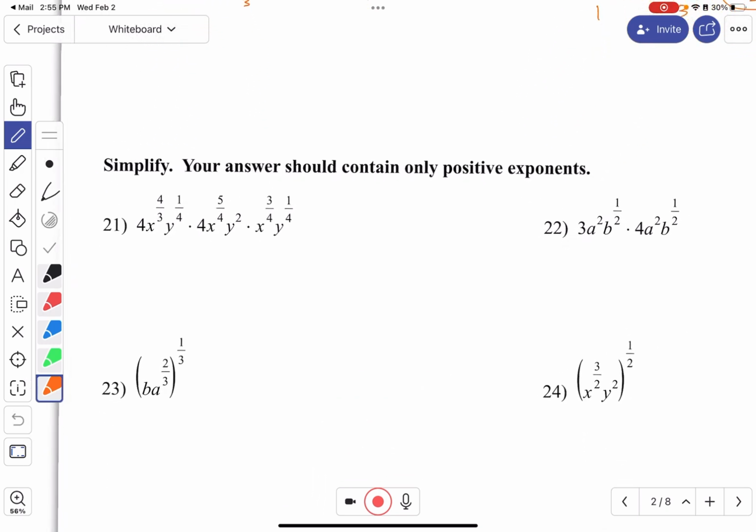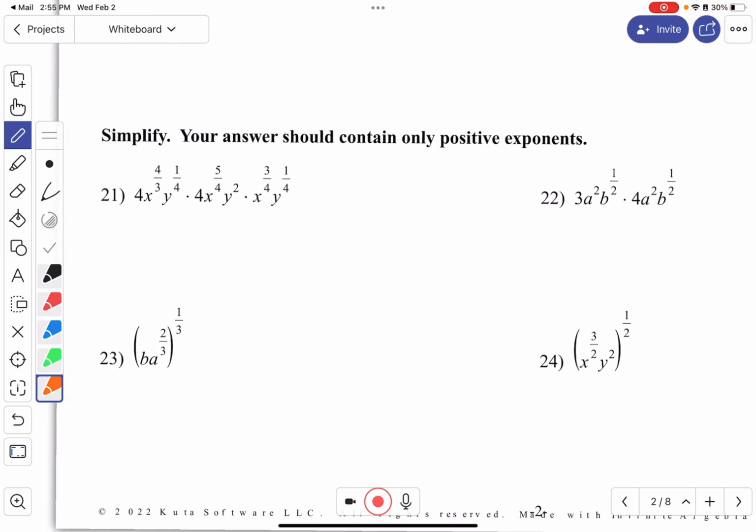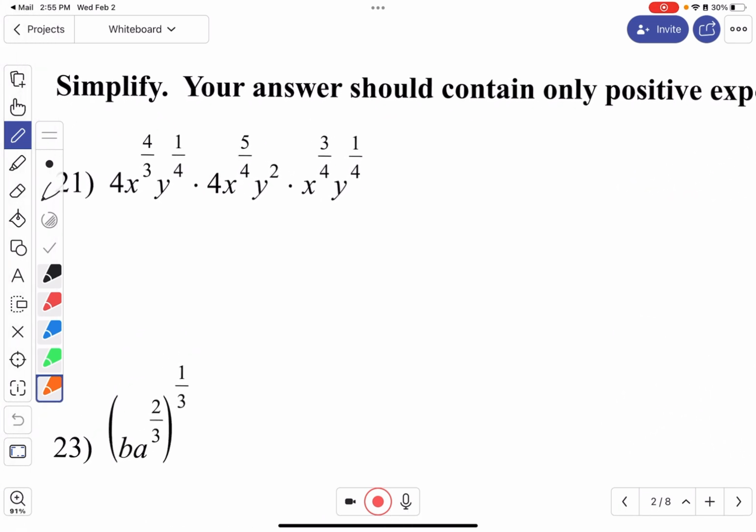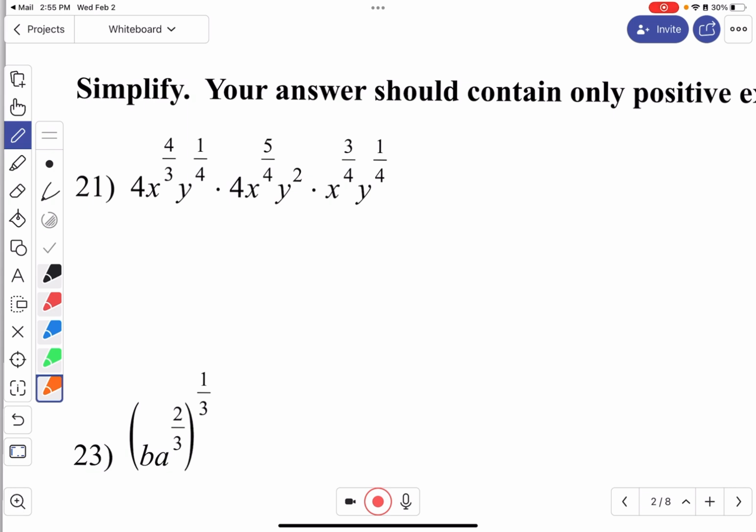Number 21, directions now change. Simplify your answer. Should contain only positive exponents. Ooh, this is a big one. So multiplying. So when you multiply, you add exponents and multiply your numbers. So we've got 4 times 4 is 16. We know we're going to have an x in there, so we're going to add these. So we've got 4 thirds plus 5 fourths plus 3 fourths.